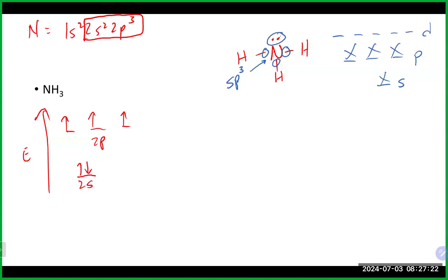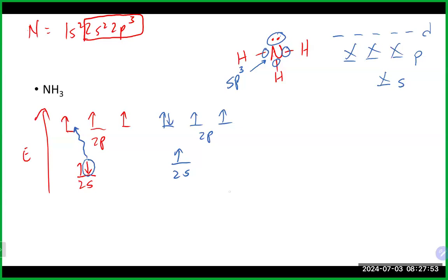So if we go through the hybridization process, this bottom electron is going to be promoted. At this point, it needs to come back and pair up here in the p subshell as there's already an electron in there. And when it does that, we're going to end up with a paired off electron there.